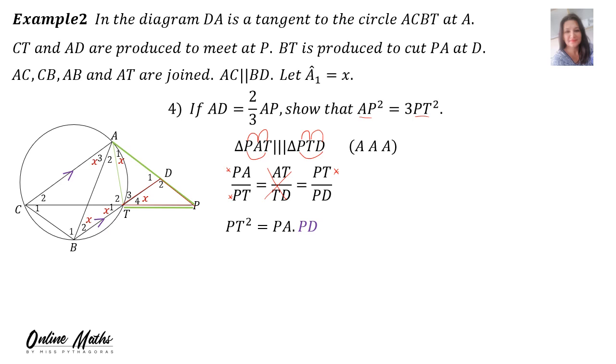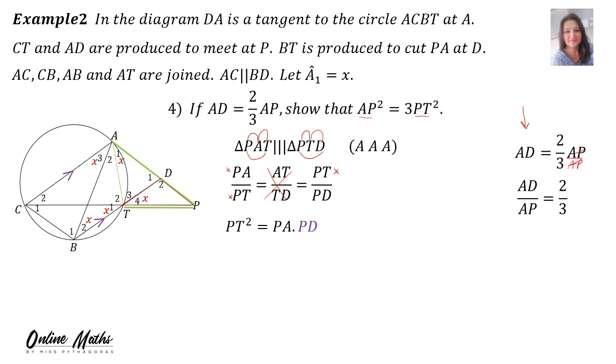Now, let's zoom in on PD. First of all, do you agree what was given was that AD is equal to 2 over 3 AP? Now, you can divide with AP and then you end with AD over AP is equal to 2 over 3, the ratio.